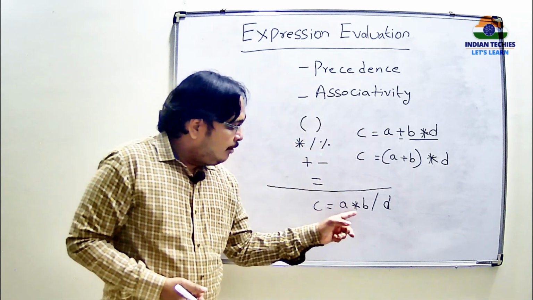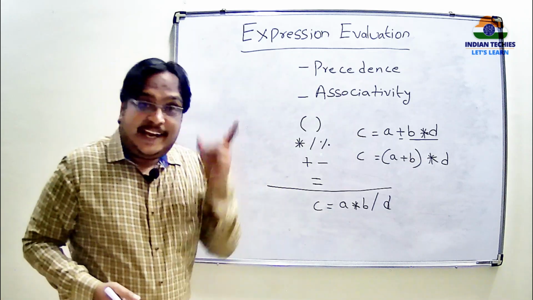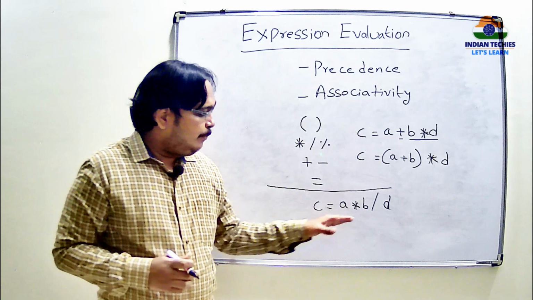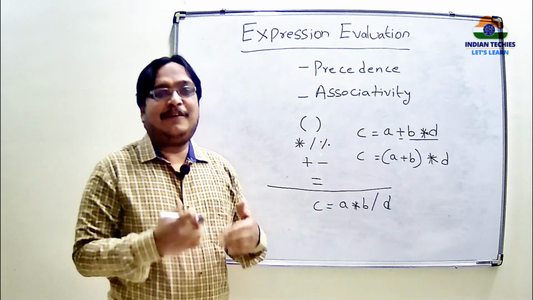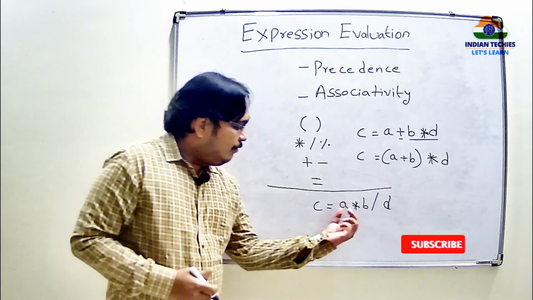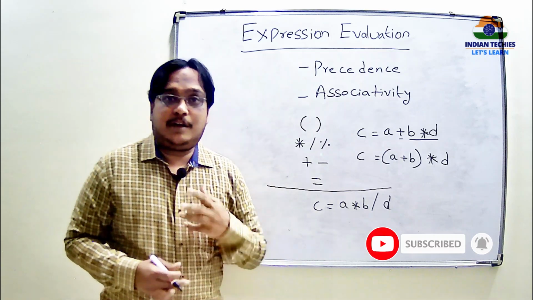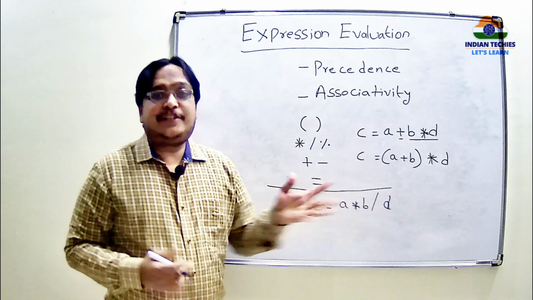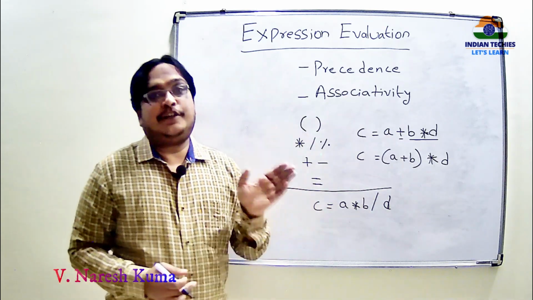But among these same priority operators, which should be executed first? When you have multiple operators, they will not be executed in parallel. They will be executed one by one, in a sequential way. Now, multiplication and division both have the same priority. Which should I execute first, A into B or B by D? Then associativity comes into role.